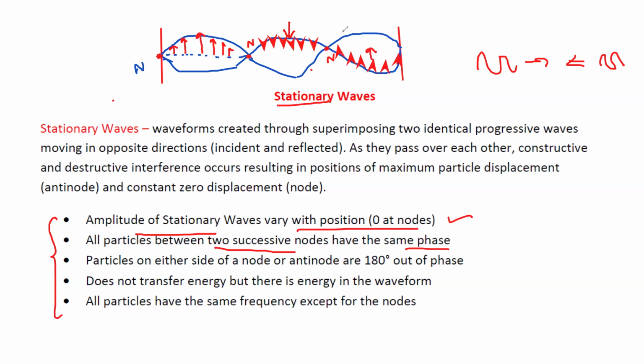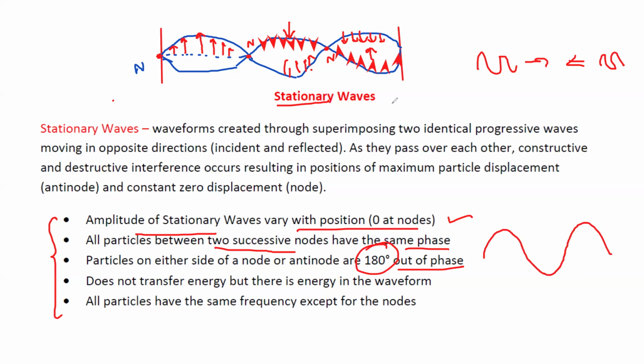Or if the particles on the right are moving down, the particles on the left will move up. So on either side of the node, the particles are always 180 degrees out of phase, vibrating in different directions.